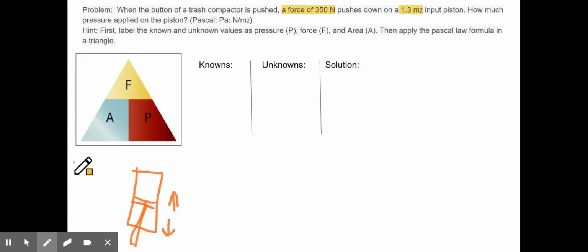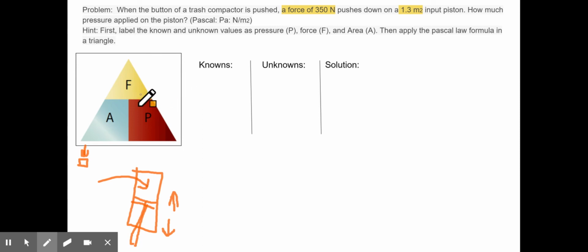You push the button somewhere here, and it's going to trigger the system, and the gas is going to come in, push the piston down, and apply pressure. So this piston goes down with the pressure applied by the gas or maybe the oil. Doesn't matter. What matters is how we can find the pressure using the formula.